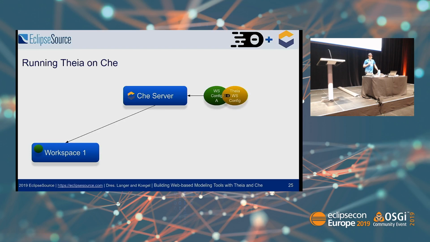And one interesting configuration that you could have is a Theia workspace configuration. So a workspace that contains the Theia IDE or this particular coffee editor IDE that we have built. And you can go to the Che server and ask it to deploy a workspace for that. What it means basically is that it will bring up a machine, deploy all the required services there, and provide you with a file system to store your files.